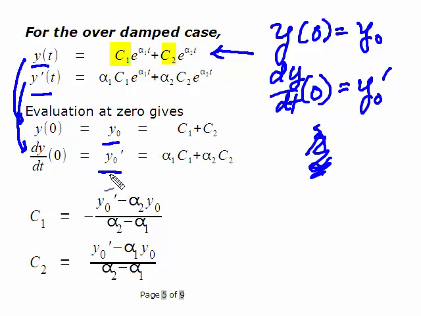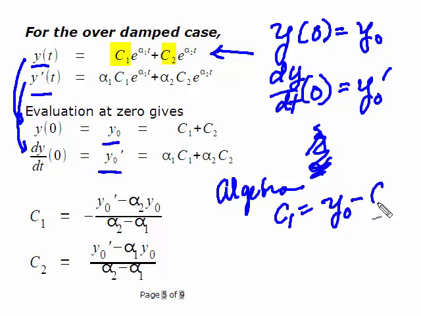So I've got y0 equals c1 plus c2, and y0 prime equals alpha 1 c1 plus alpha 2 c2. Now I have to use algebra and a bunch of steps, which I'm not going to do here. It's just boring. At any rate, you can see exactly what to do. You can write c1 equals y0 minus c2, substitute that into this equation, and solve for c2. Anyway, here's what you get.